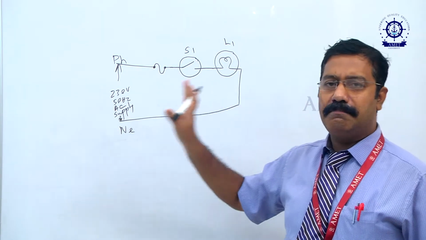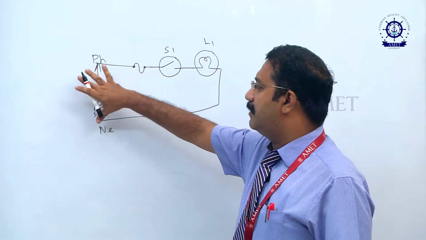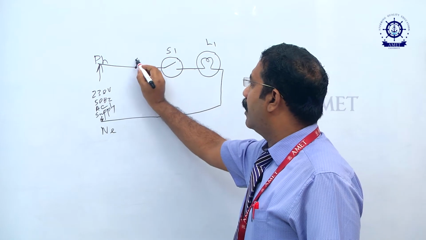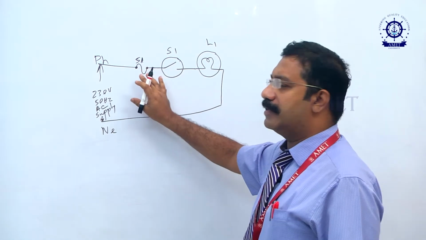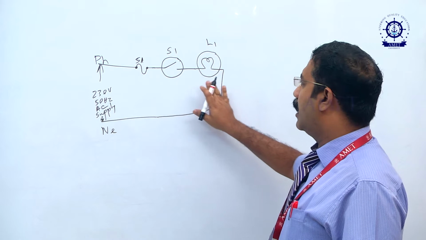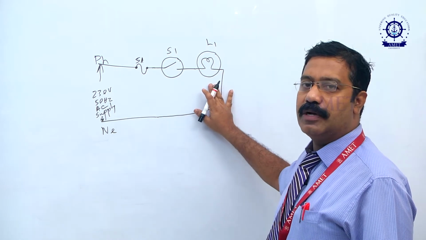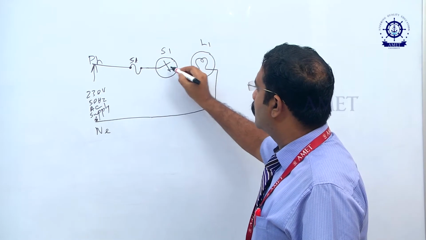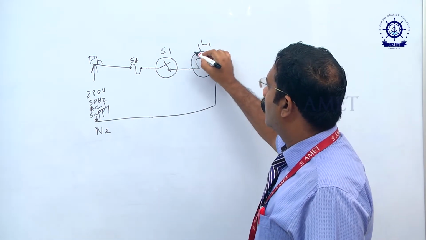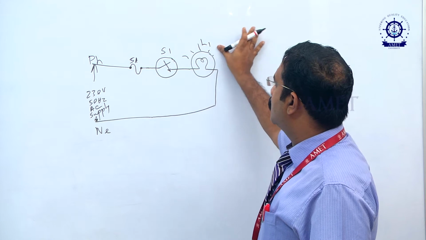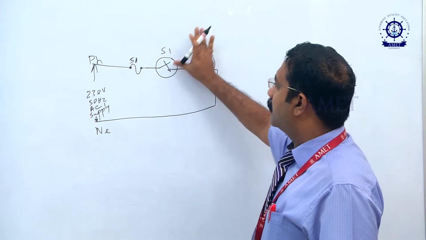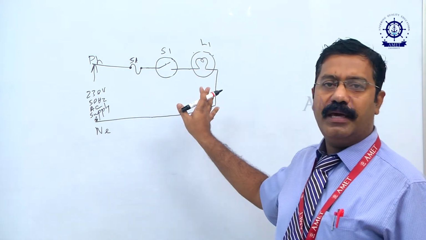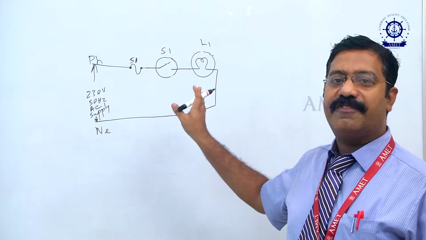So with the help of the single phase supply, a 5 amp protection fuse is connected to the circuit, and a switch and the lamp which has to be controlled. If the switch is closed, the lamp will glow. If the switch is open, then at that instant the lamp will be in open condition or off condition.